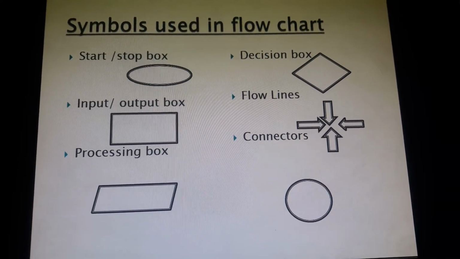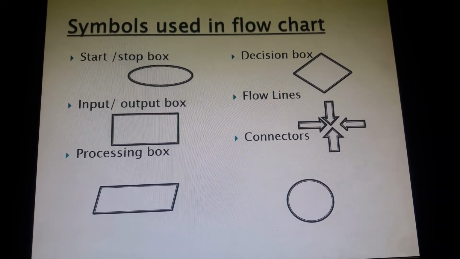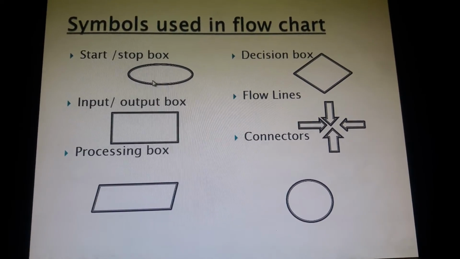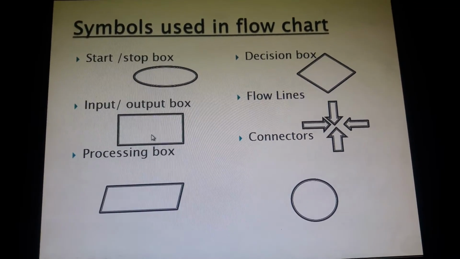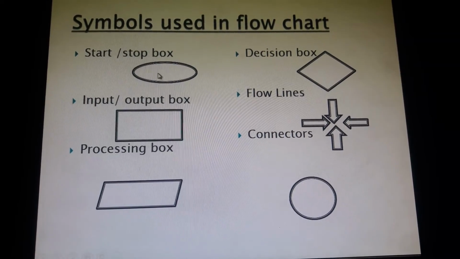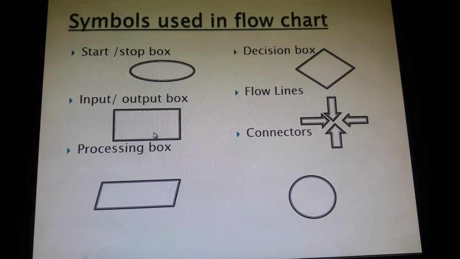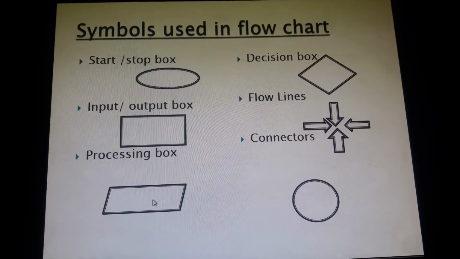So these are the symbols which we'll use in flowchart. The first is start and stop box. Second, input and output box. Start and stop, oval shape box; rectangle for input and output; parallelogram for processing.